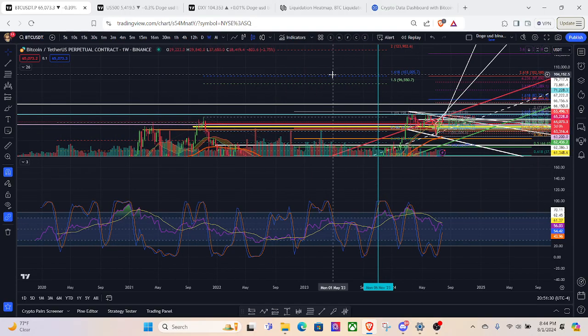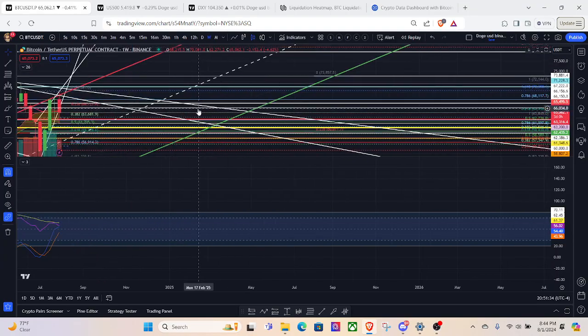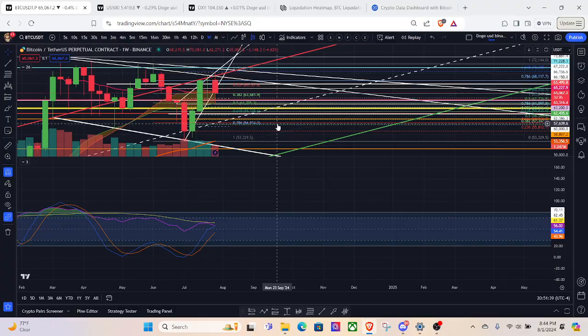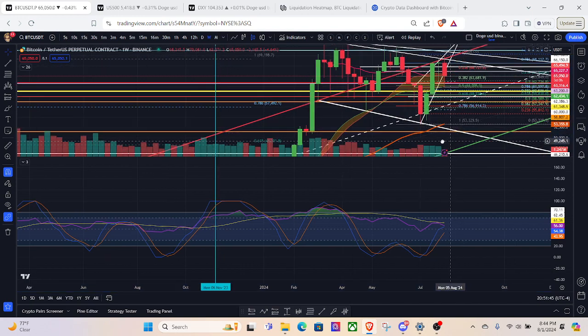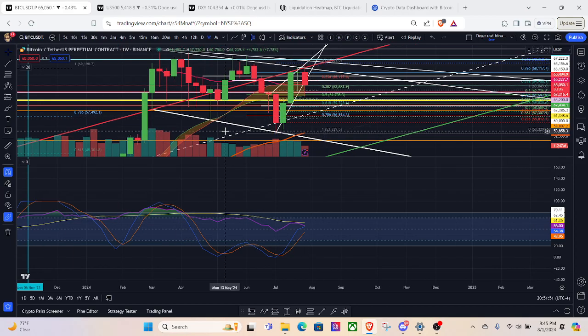I don't think that's impossible by any means. Again, some people think that it's not going to. There are those out there that don't believe that Bitcoin will hit 100K, certainly not this year, maybe not even this cycle. I tend to want to believe that it will go well above 100K.